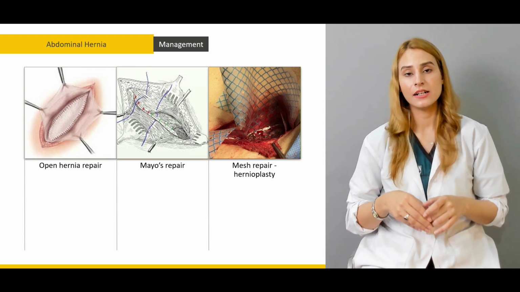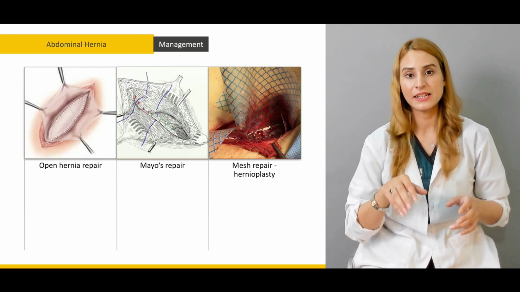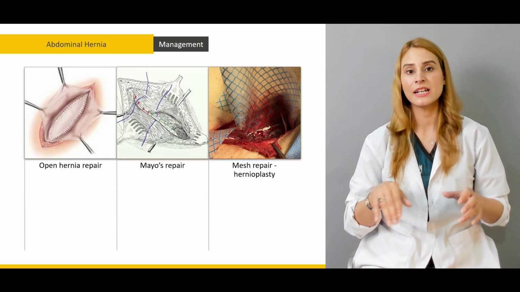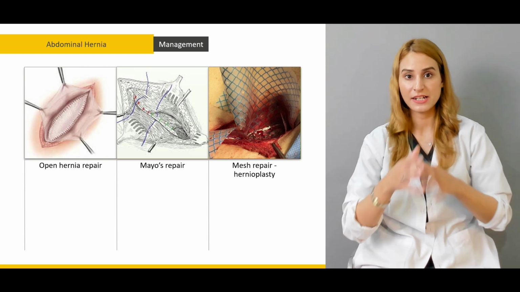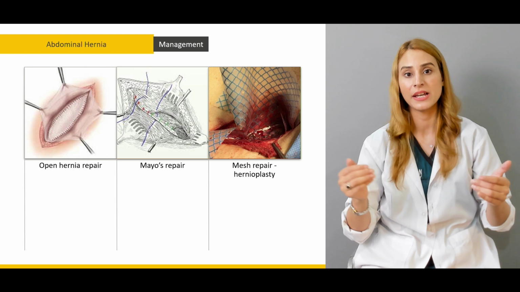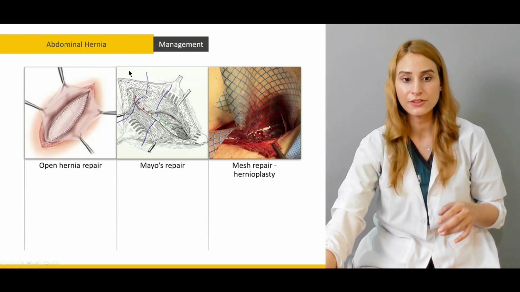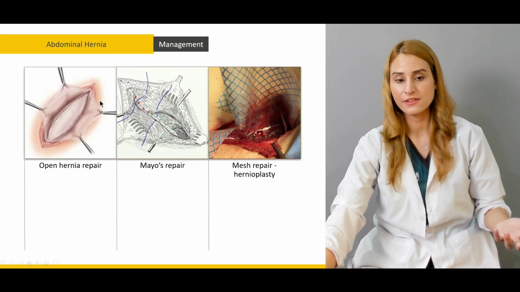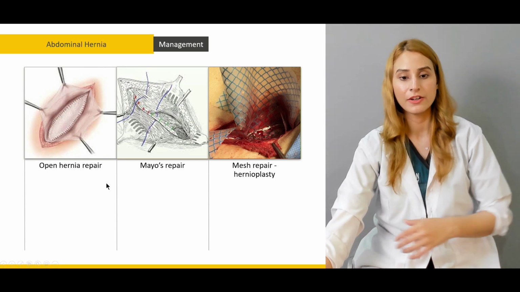We cut the fascia and the subcutaneous tissue, and go deep down; the rectus sheath is split, the muscle is split. We go to the posterior rectus sheath. The defect is basically in the linea alba. The peritoneum is closed, and obviously you can see here the defect is sutured. So the defect is closed, and then the abdomen is closed in layers. This is the open hernia repair.